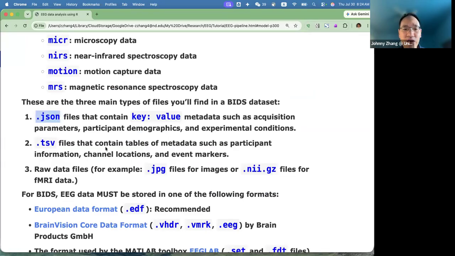For the JSON format, you have keys and values. I'll give you an example later on. And then you may have TSV files. This is typically a text file that includes the meta information or other participant information. Then you have raw data files. You could have images directly, pictures, also raw image data files.